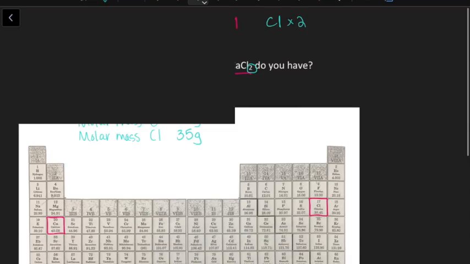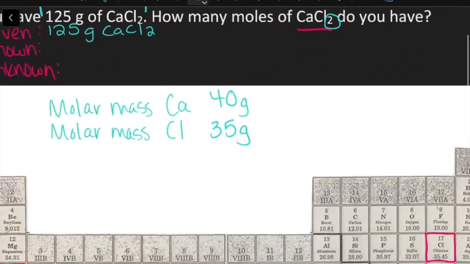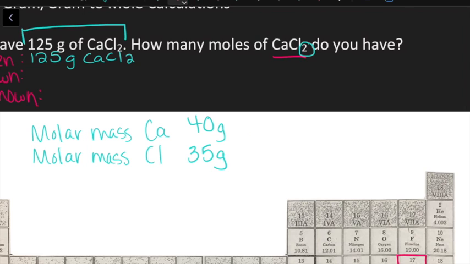Okay, if I were to add just those numbers up, it would be wrong, because you have to remember that in the problem it tells you you have 2 Cls. So you got to multiply this number by 2. So times 2, and if you do that, you get 70 grams. Okay, just for good practice, we're going to say Ca is 1, so we're going to times it by 1, and that gives you 40.